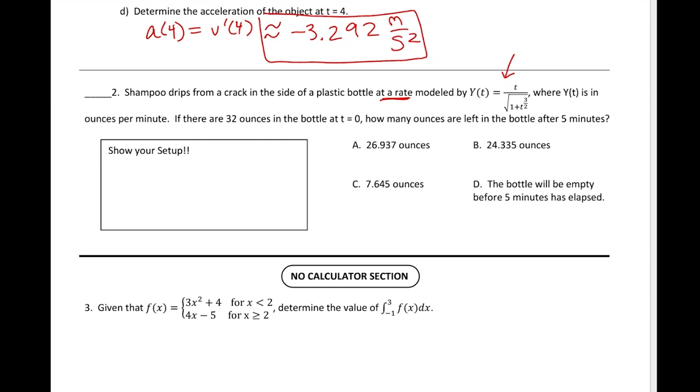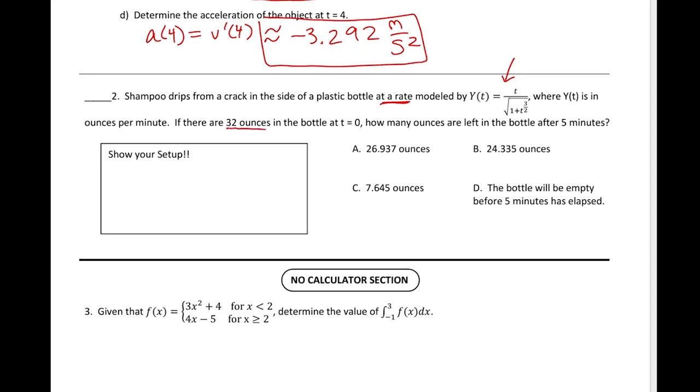All right, so let's start here. First, we need to set up this problem, right? This function y is giving you how many ounces per minute are exiting the bottle. So you have some number of ounces in the bottle, and it tells us we started with 32. Okay, so we have 32 ounces in the bottle, and we're going to take away the net change of the number of ounces that leave the bottle.